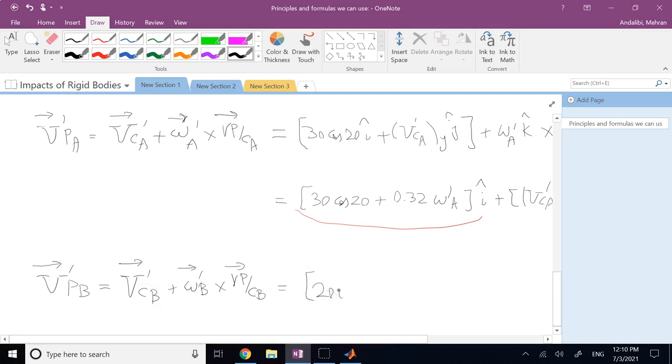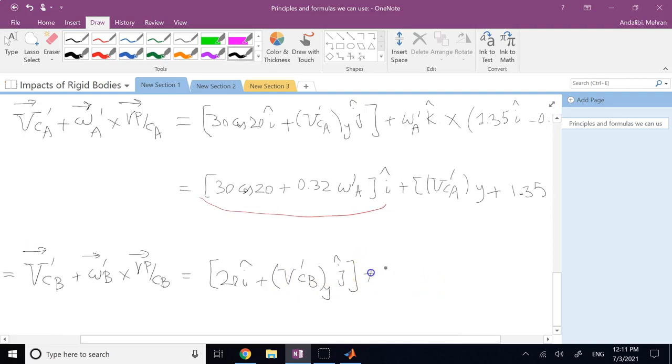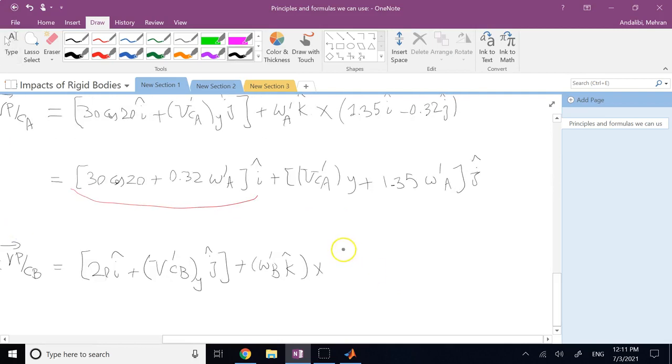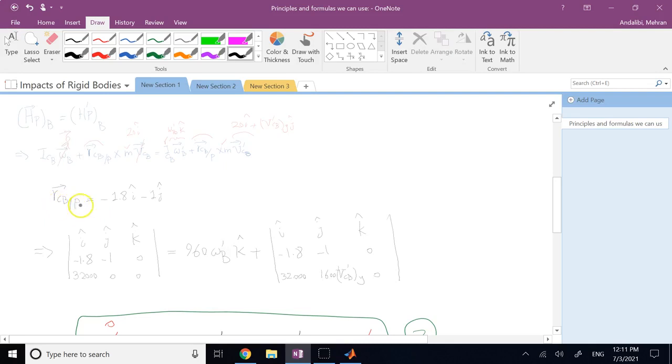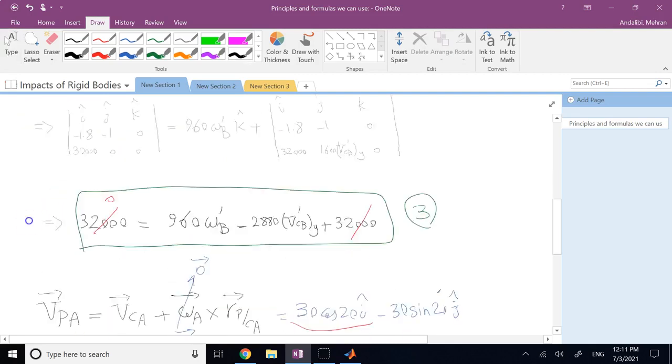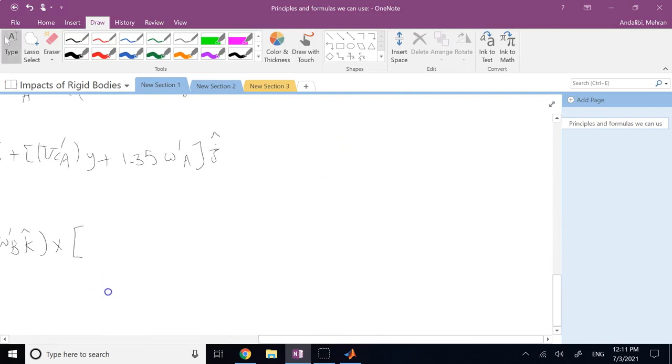The x of it is 20. The y component I don't know, so I just write it as is. Omega prime B, I just write it as omega prime B k cross, now r of P with respect to CB, which is the same as CB with respect to P, just negative of that. So both of these guys are going to be positive. So this is going to be 1.8 i plus 1 times j.